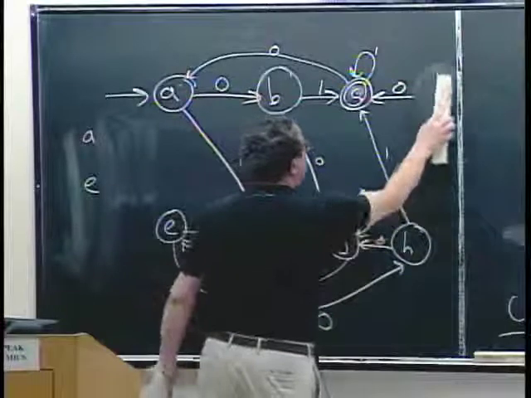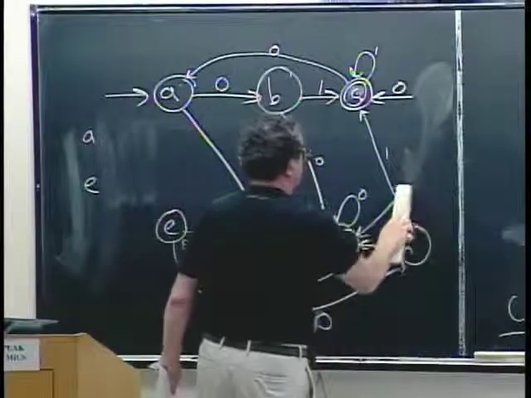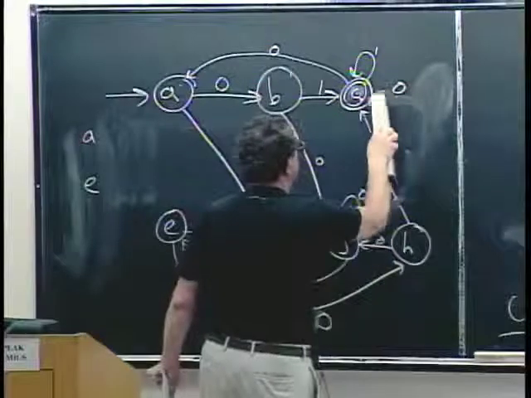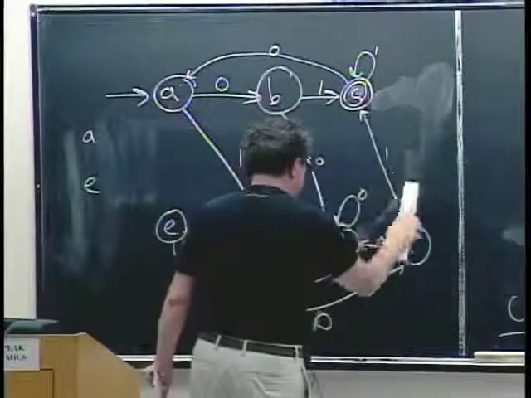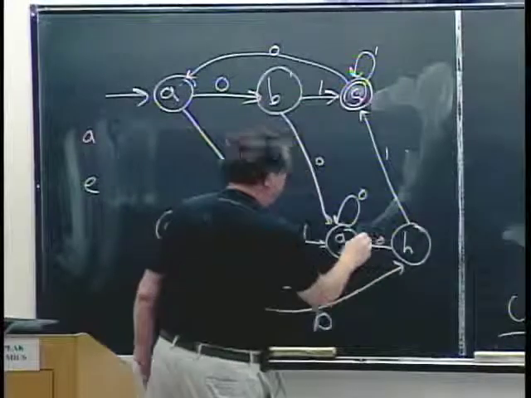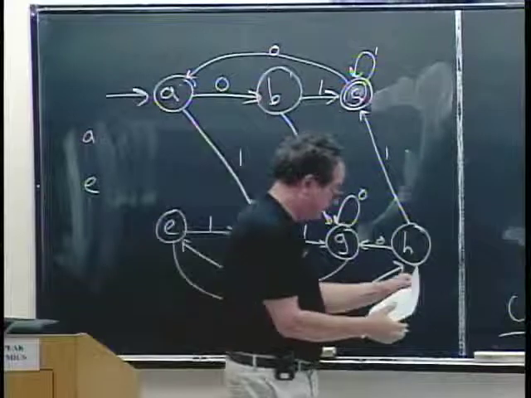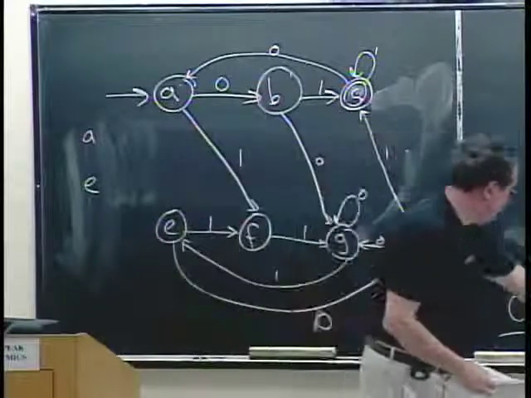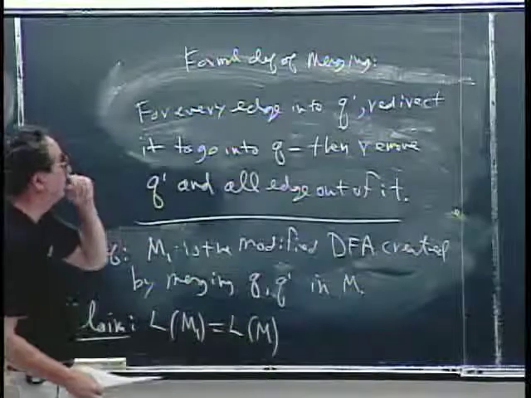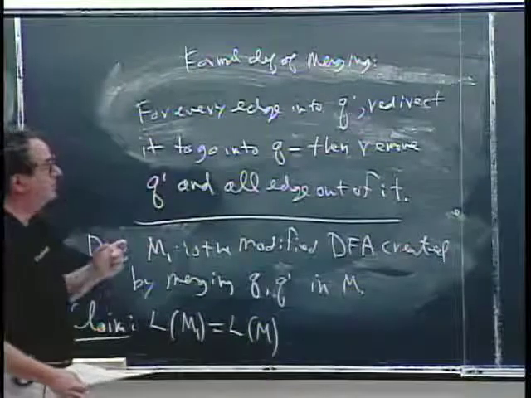Any state that's not reachable from the start state can certainly be thrown away. And so we'll just assume that that's always the first thing that's done, and that has been done in this example.